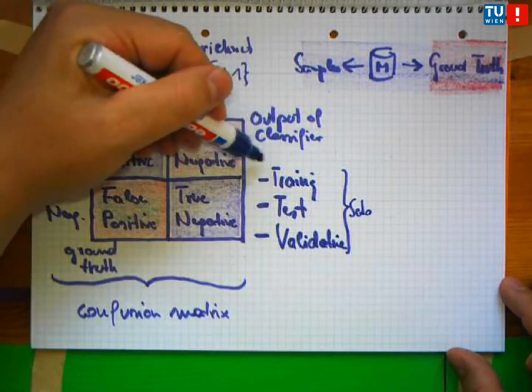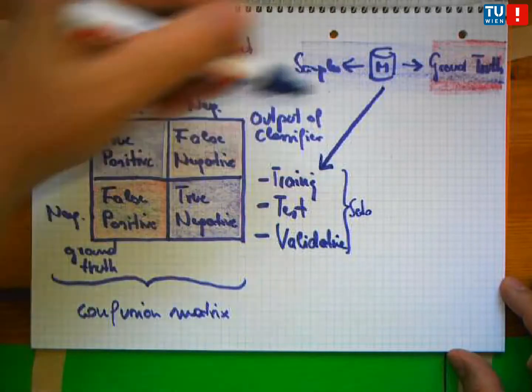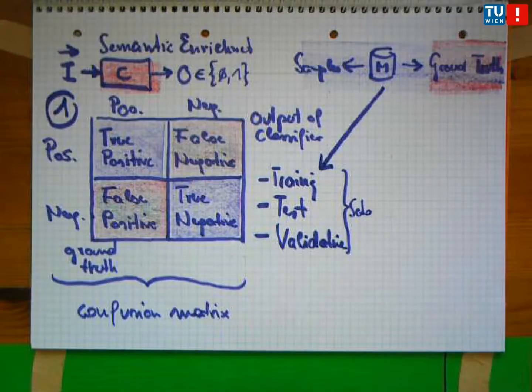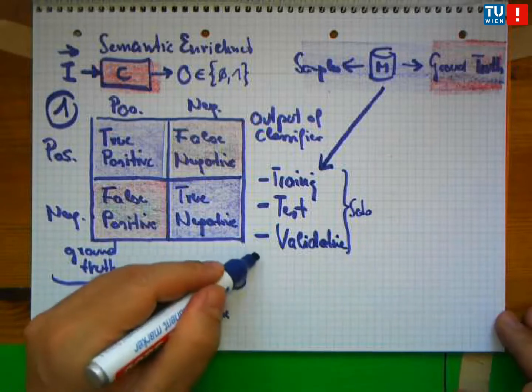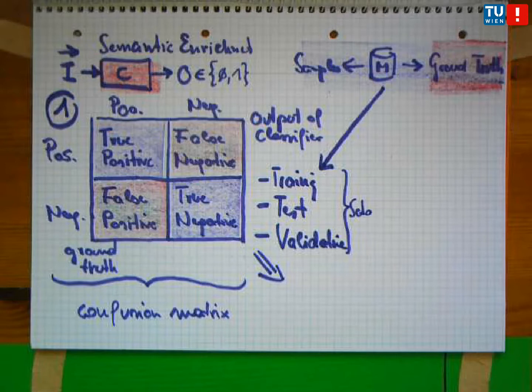These come from the ground truth database, thus forming such a confusion matrix. From that we can derive certain statistical indicators.